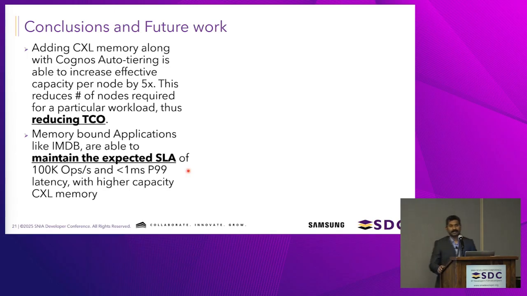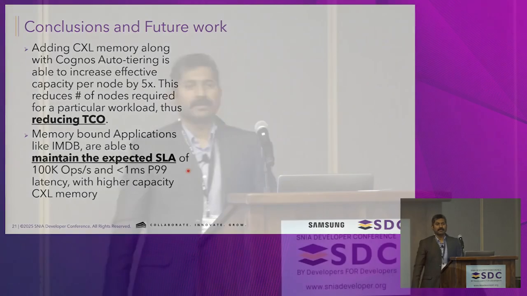Clarification on the TCO assumption. You're saying the number of nodes required for a particular workload. The assumption is what I'm looking for: the assumptions of how we're comparing A versus B in terms of TCO enhancements.